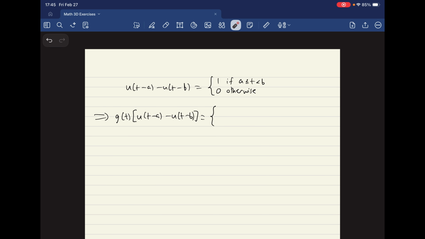So then I'm doing 1 times g of t, which is just g of t. So we get g of t if t is between a and b, but not including b. And similarly, because this difference of Heaviside functions is 0 everywhere else, if we multiply that 0 by g of t, we're still going to get 0. So this is 0 otherwise.